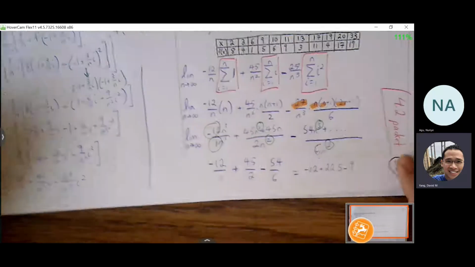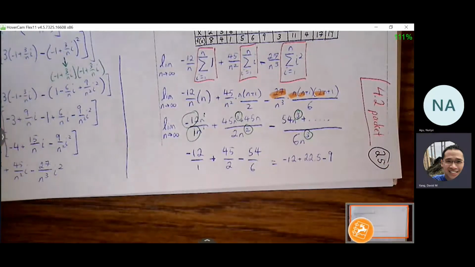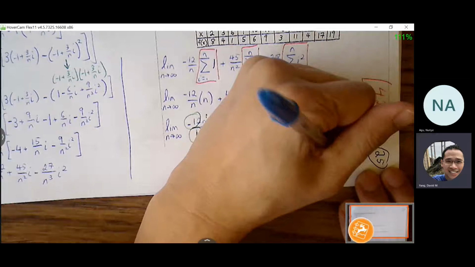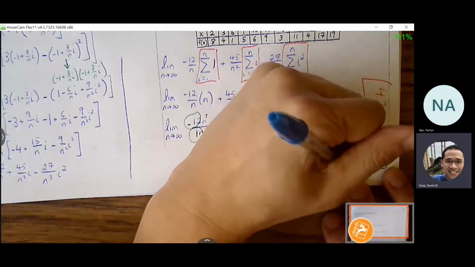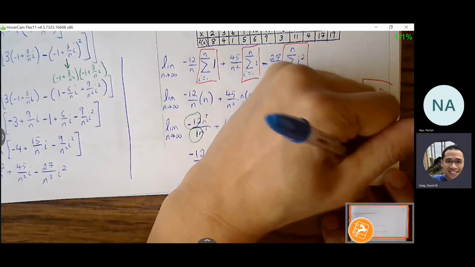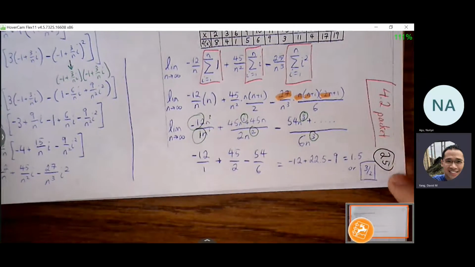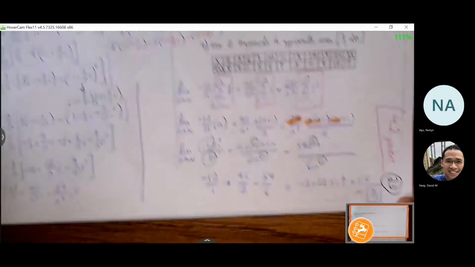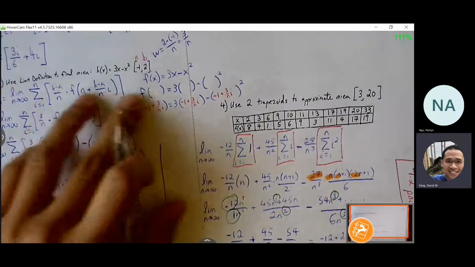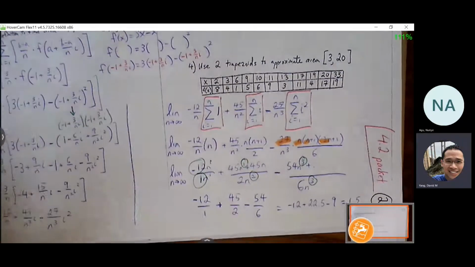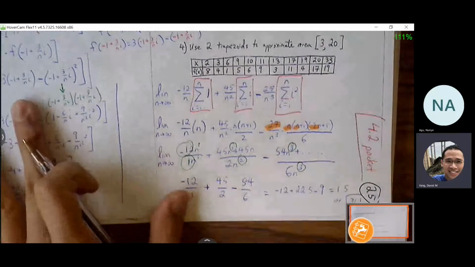So negative 21 plus 22.5 gives us 1.5 or 3/2. So this number is significant in the sense that this is telling us the exact area under the curve for this particular graph. We're no longer in the approximation region. Now we're finding the exact area.